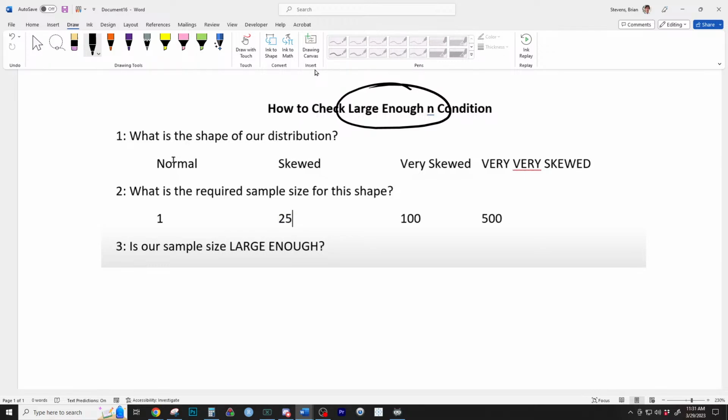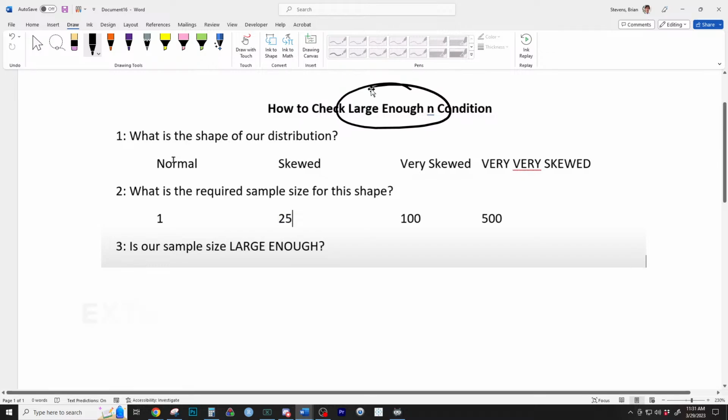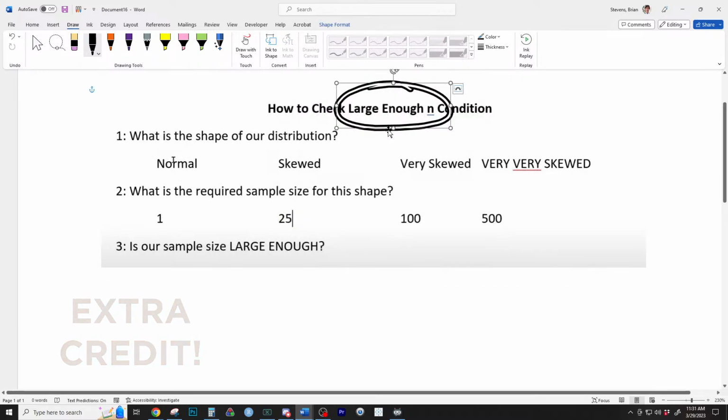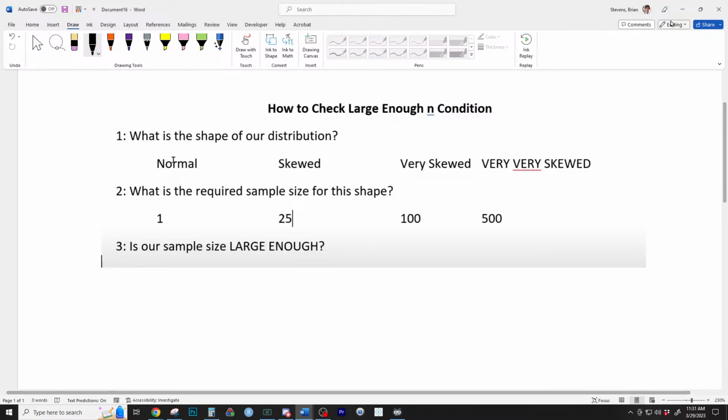We've got open time for questions, so feel free to ask. Remember, the more skewed the quantitative data is, we need a what or what? Larger sample. Great job, Jesse. Yep, we need a larger n, which is the sample size. So the more skewed the data is, the larger the n we need.